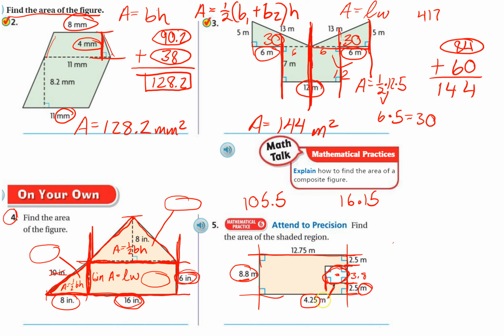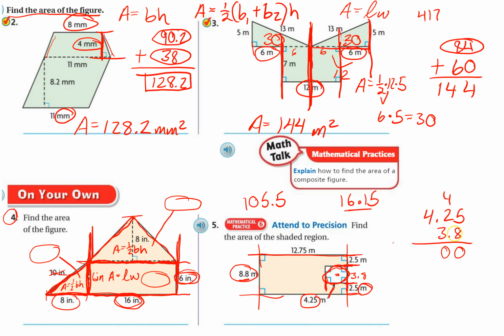Okay. So 4.25 I know is the length from here to here. So I'm checking this answer right now. From here to here, let's see, 5 plus 3 is 8, and then 0.8. Yes, that should be 3.8. Double check my math. 8 times 5 is 40. 8 times 2 is 16.